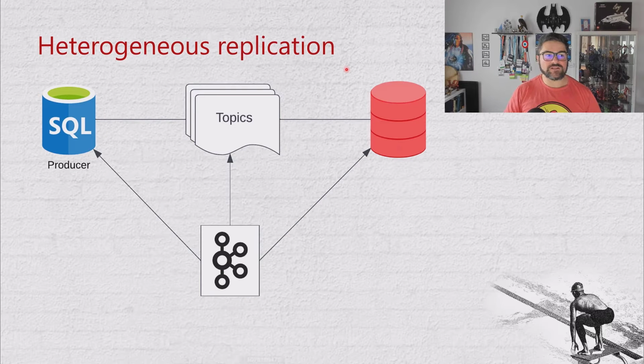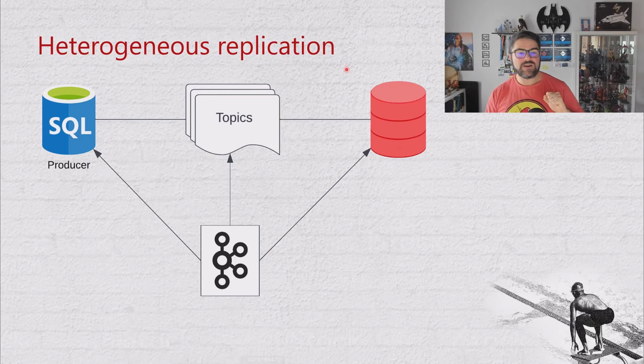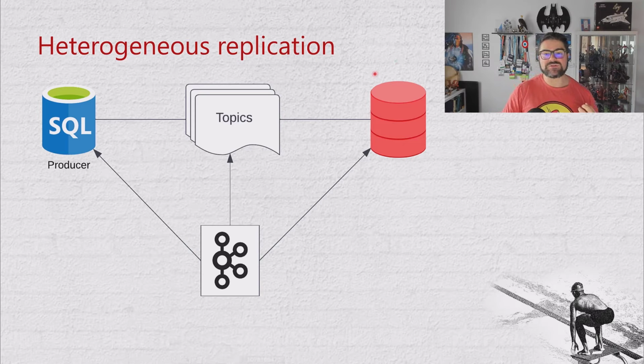So moving on, in this scenario we have only SQL Server, okay? In this scenario, we have heterogeneous replication, which means that I have SQL Server as a publisher, but I don't have SQL Server as a subscriber anymore.